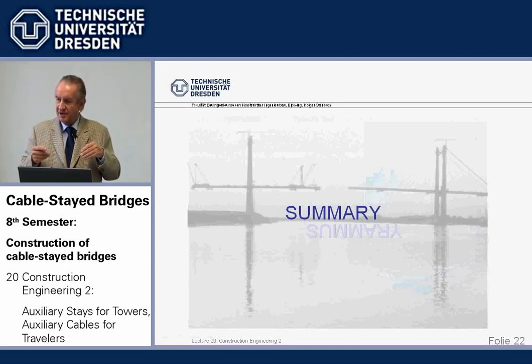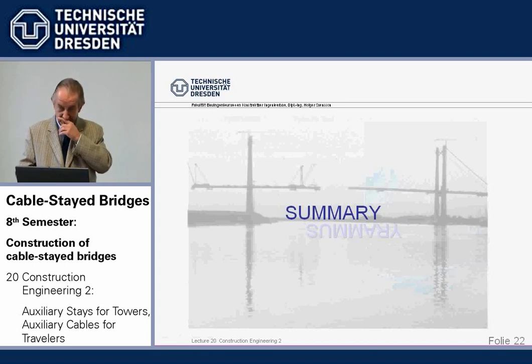The easiest way is using a floating crane which just takes off loads of the bridge but doesn't put any temporary load on. But life is not so easy all the time, so very often we have to use a derrick which we have to place and move and take off.